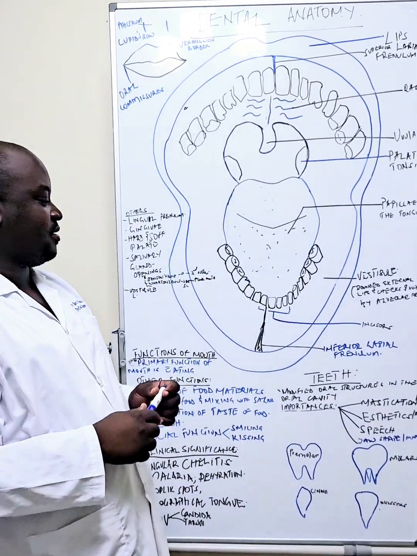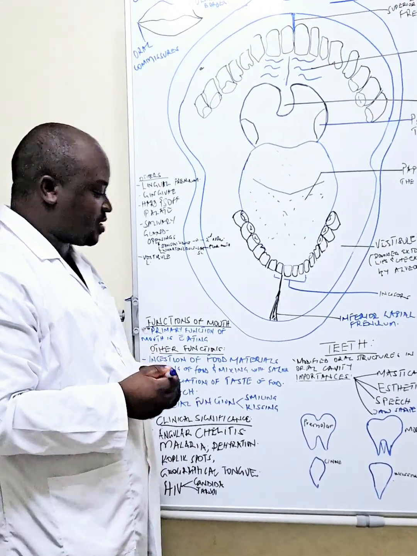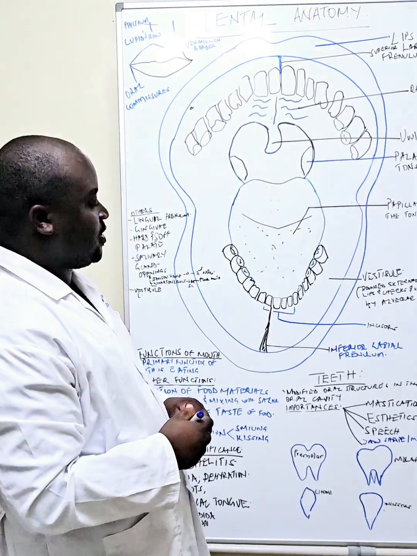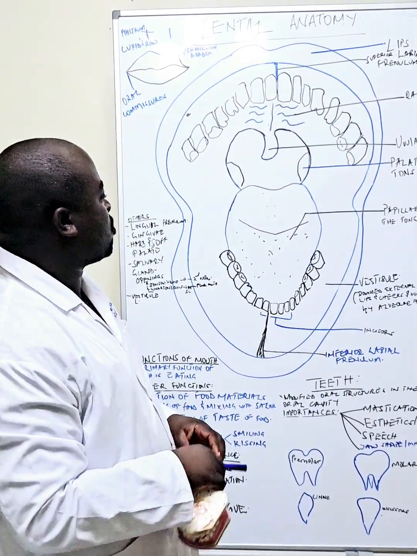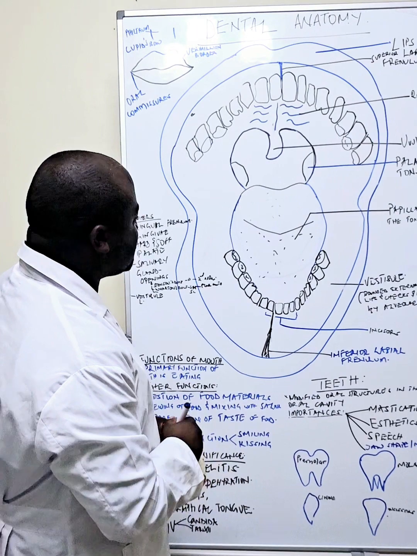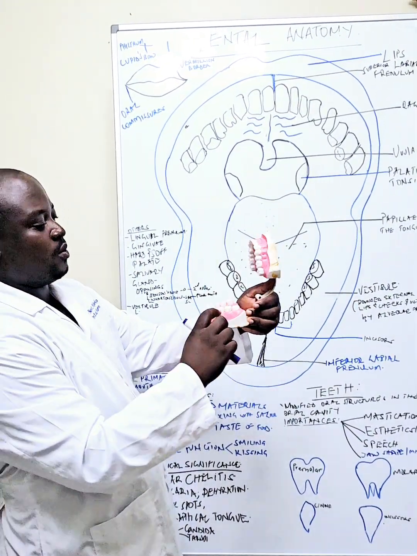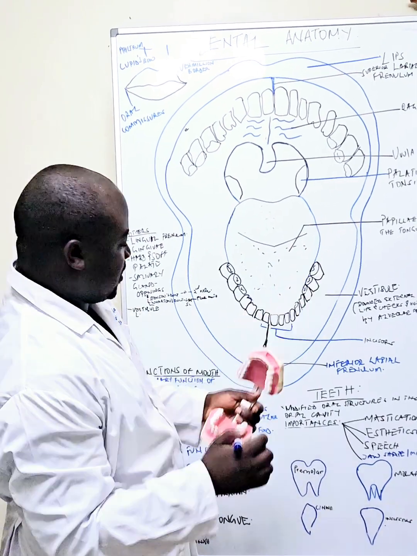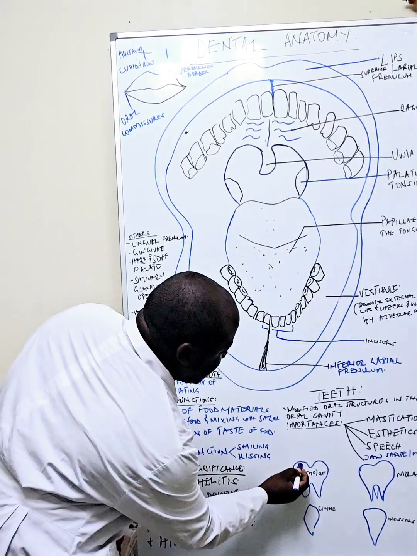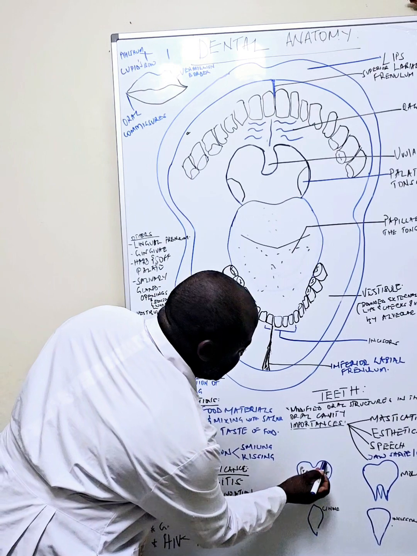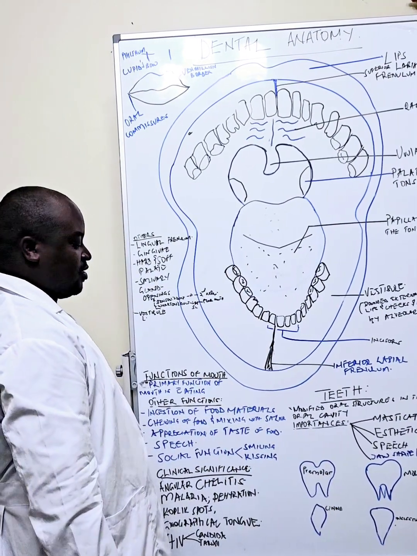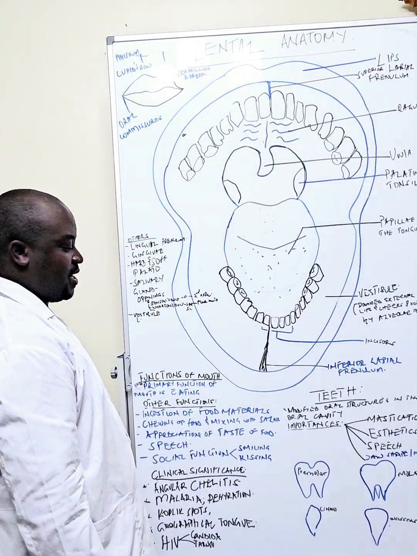What are these teeth? We have teeth, for example, premolars. The premolars are also called bicuspids. Bicuspids, they are those teeth that have two cusps, this one and this one. And these, we shall see them in detail. Those are what? Premolars.